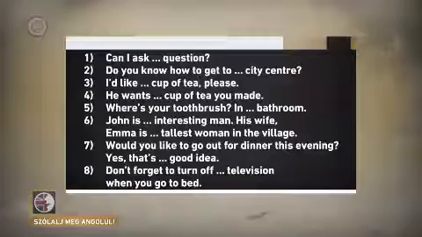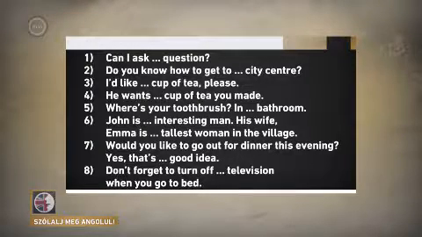Okay, so now let's see if we can complete the sentences correctly using either the definite or indefinite articles. Number one, can I ask question? Number two, do you know how to get to city centre? Number three, I'd like cup of tea, please. Number four, he wants cup of tea you made.